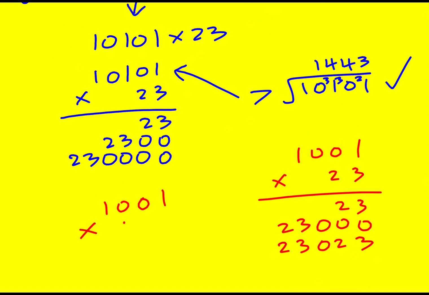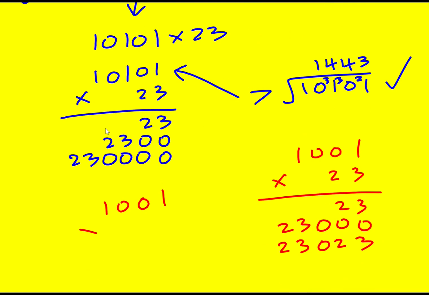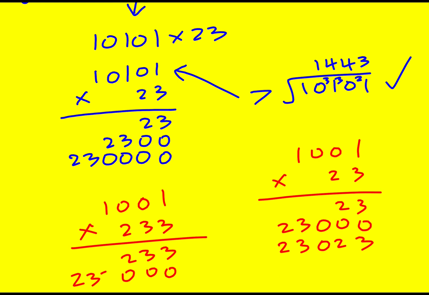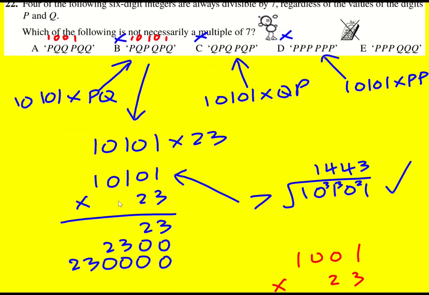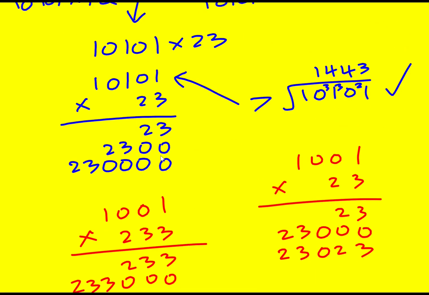Sorry, not 1, 2, 3, because I want it to be repeated. So let's try 2, 3, 3. When I times it, I'm going to get 2, 3, 3, and then 0, 0, 0, 2, 3, 3. So that fits in. P, Q, Q, P, Q, Q.